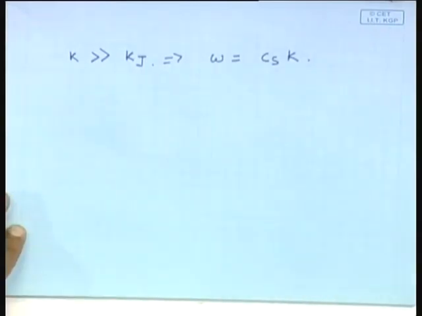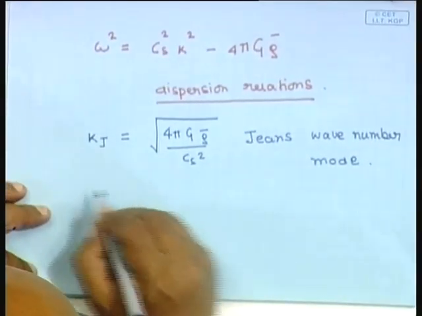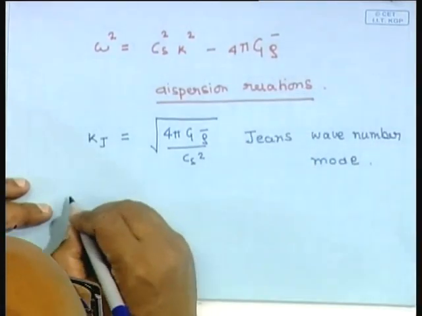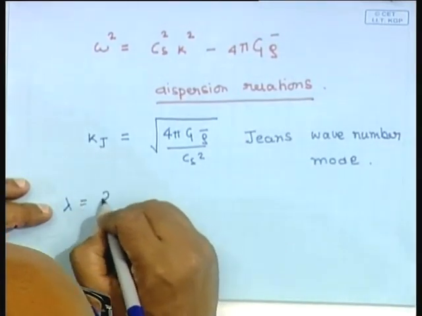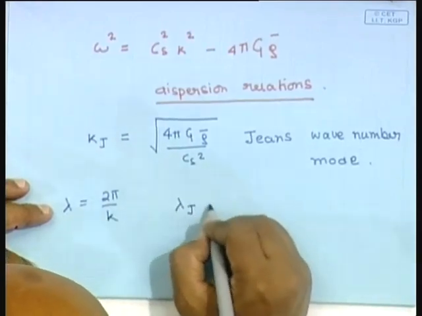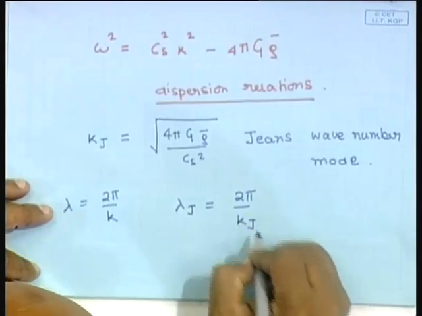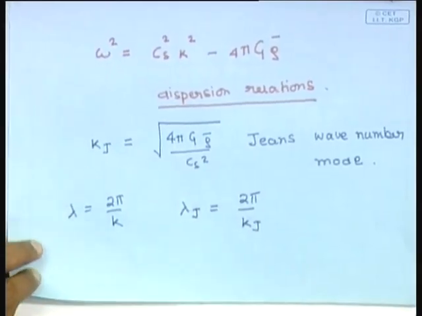So this is the dispersion relation that you have for wave numbers which are much larger than the Jeans wave number. Let me write this in terms of the wavelength. There is equivalently a wavelength associated with every wave number. So the wavelength is 2 pi by K. So there is also a Jeans wavelength lambda j, which is 2 pi by Kj.